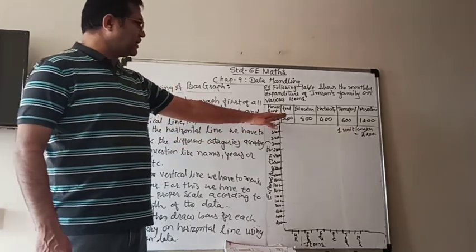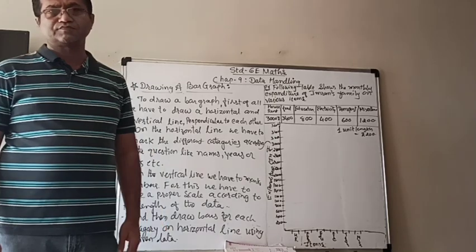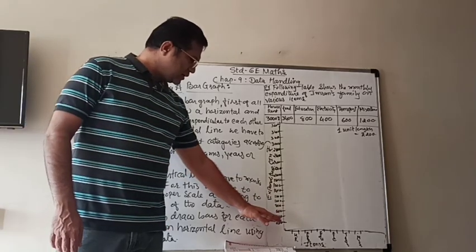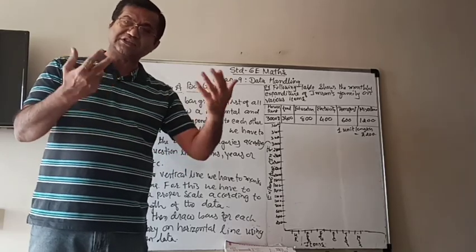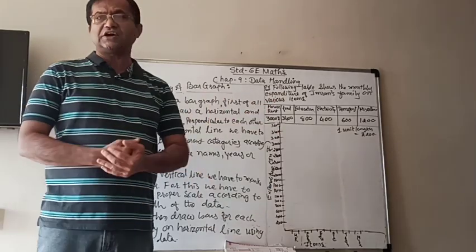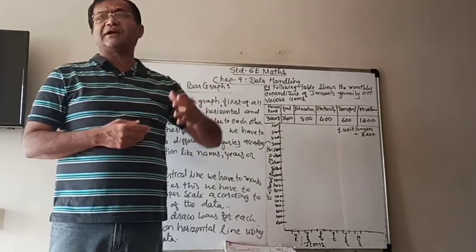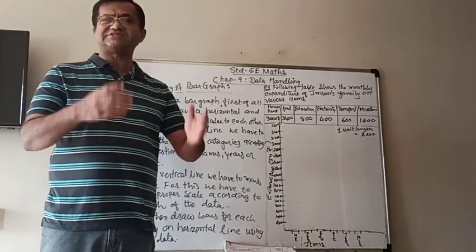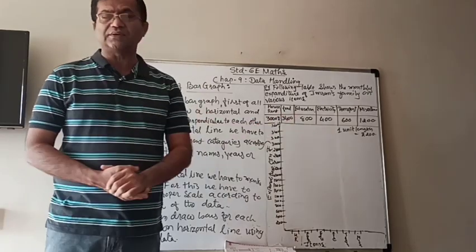Now you can see that the highest is 3,400 rupees. So if you take 1, 2, 3, 4, it is not possible. You can't take 10, 20, 30 also, because it will not reach here. You can't take 100 also, because 100, 200, you will get a maximum of 1,700 or 1,800, but here it is 3,000.